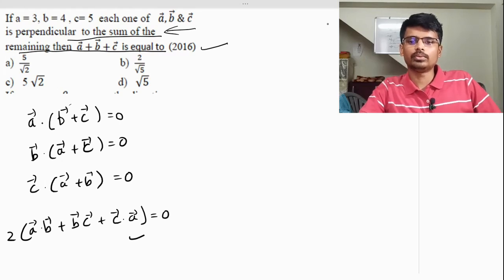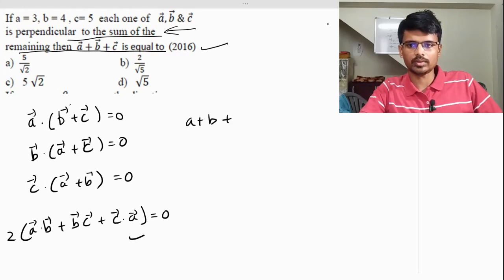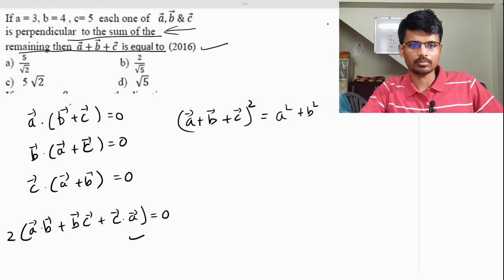Okay, so as I previously expanded that square, similarly I will be doing it again. So if I do a square for this, we'll be using the squaring technique. Okay, if I expand this, I get a square plus b square plus c square plus 2 times ab plus bc plus ca. I get 9 plus 16 plus 25, and this is 0.